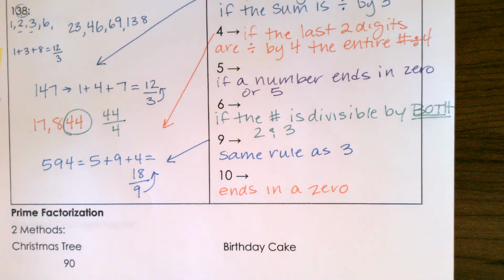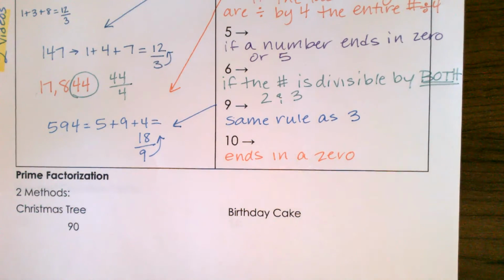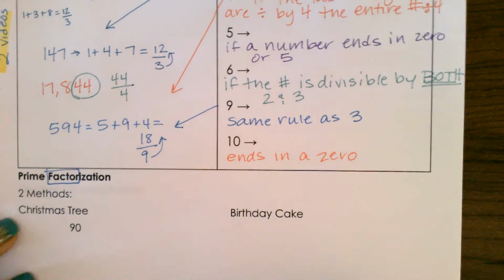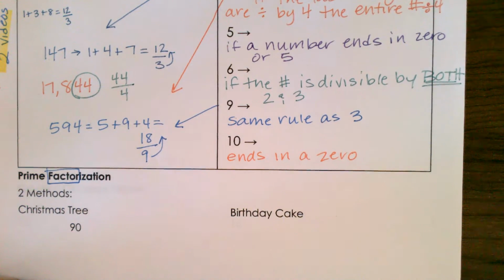Okay, now we're going to move on to prime factorization. Prime factorization means we're going to list things or break numbers down to find their prime factors. See, the word factor is right in there. So I'm going to quickly give you a list of prime numbers.